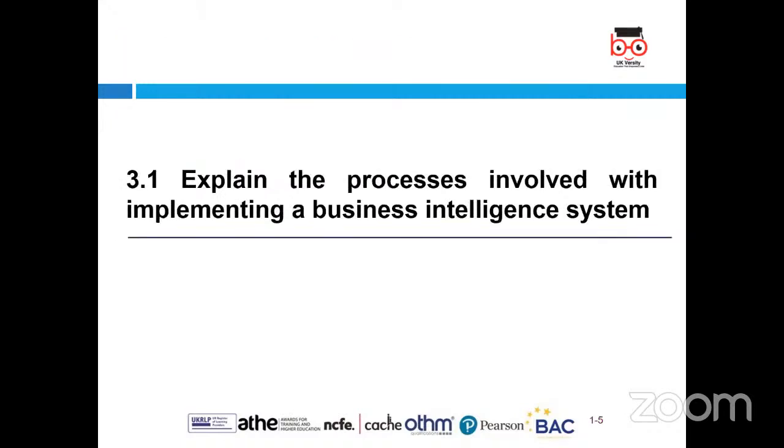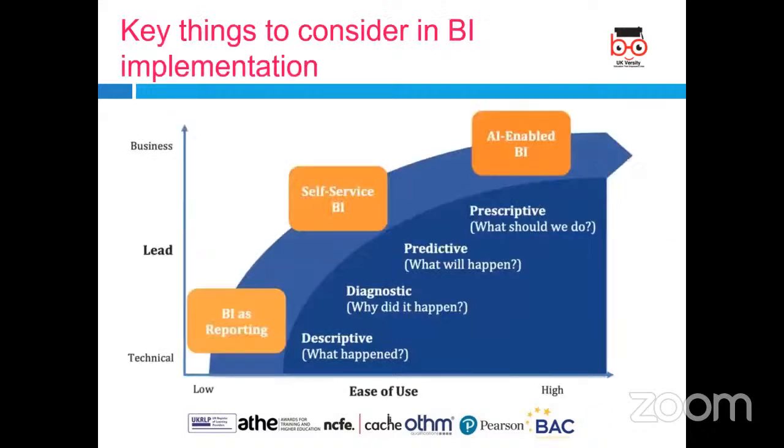Coming to our first learning outcome, we already introduced the system development life cycle. From the life cycle, there are some key things which we have to consider. This chart gives us some questions which our business intelligence system has to answer in order to be truly efficient.